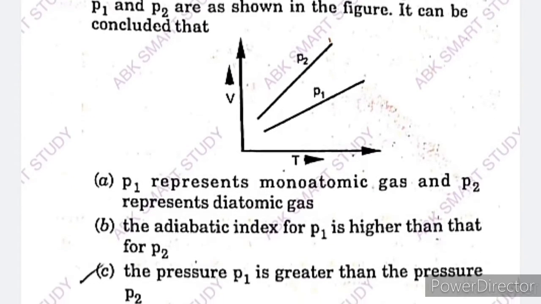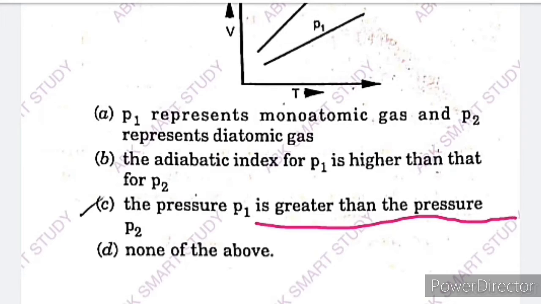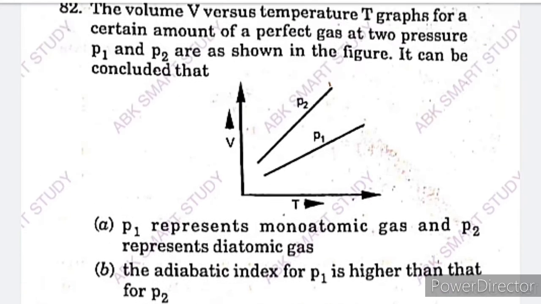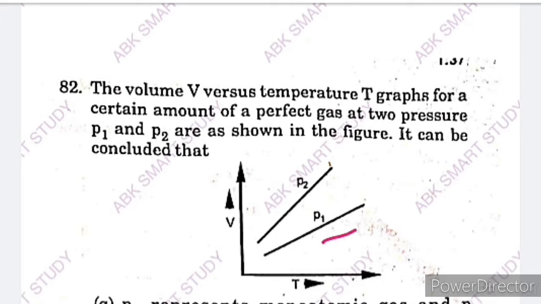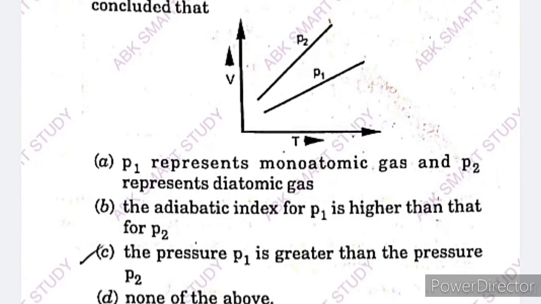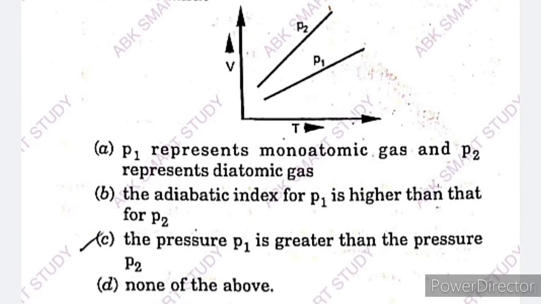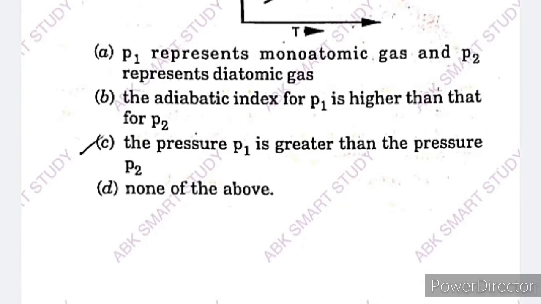That is, as given in the diagram, pressure P1 is greater than P2. So option C is the correct answer for the above question.